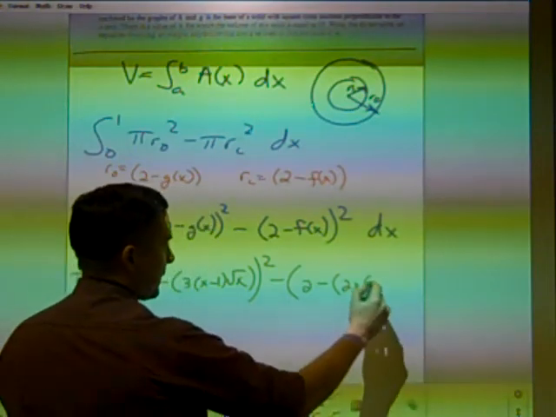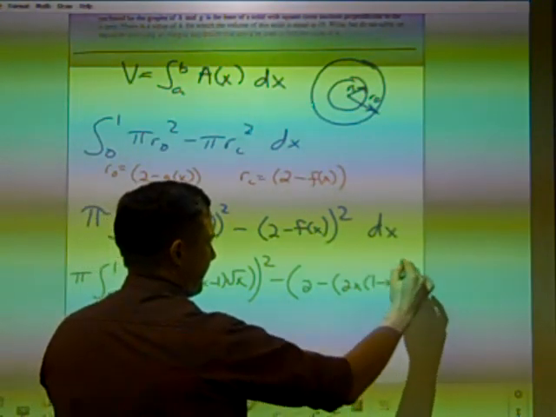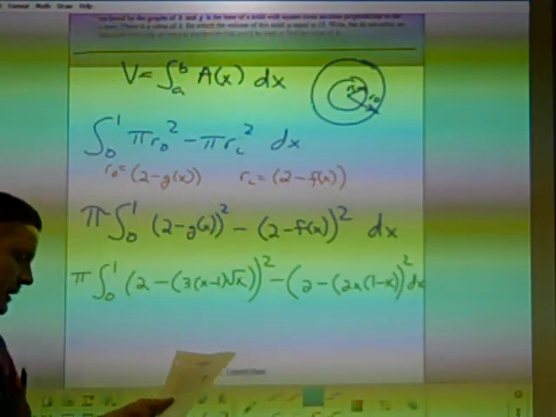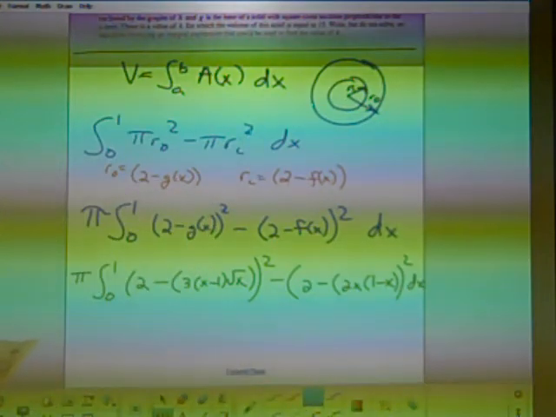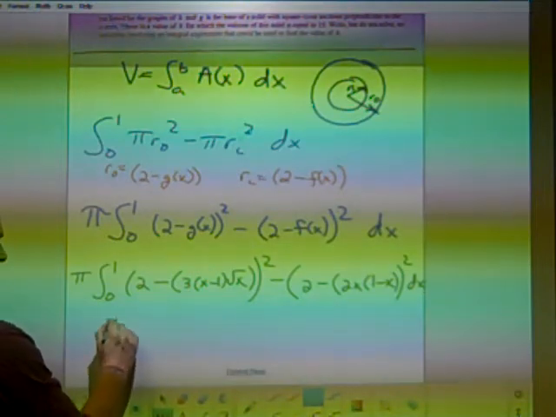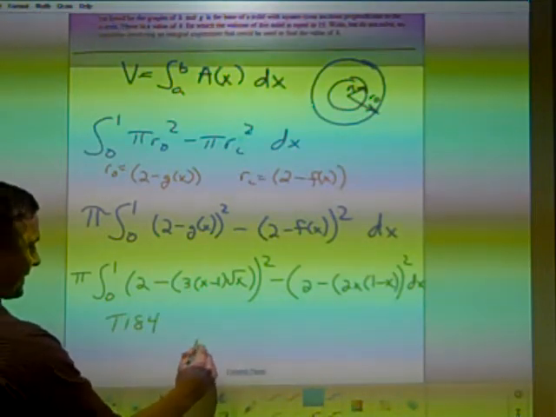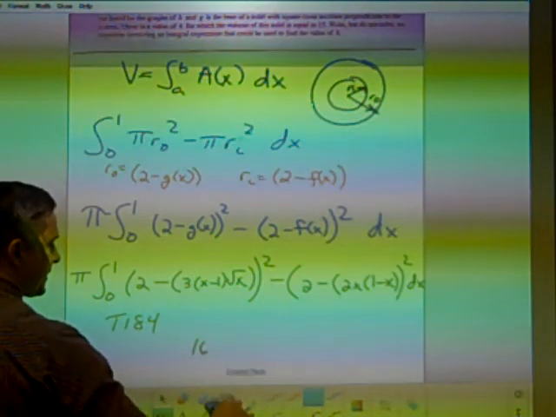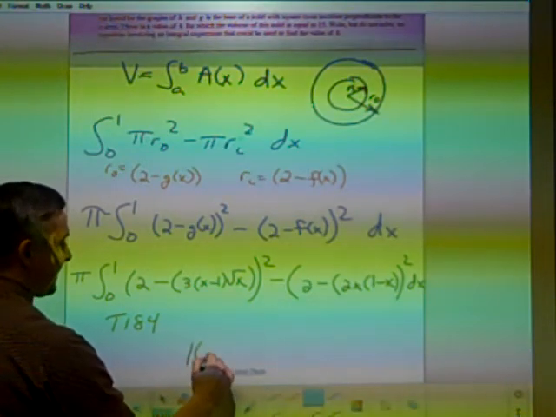I started writing it the wrong way. Squared dx. And if you put this in your calculator verbatim, just like it is, on a TI-84, I get 16.179. That is another point.